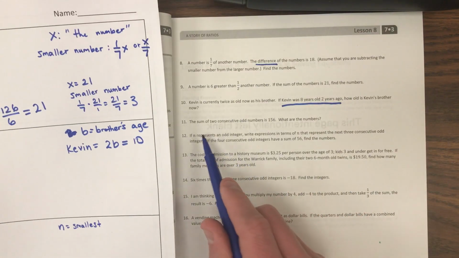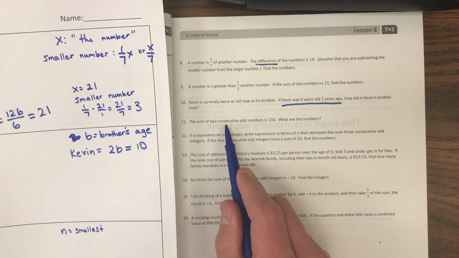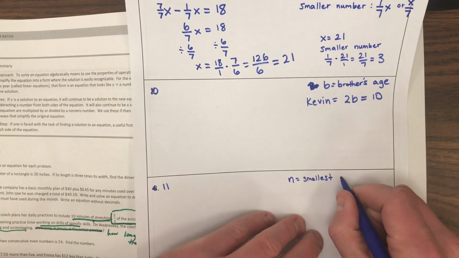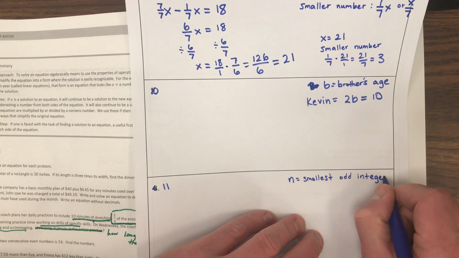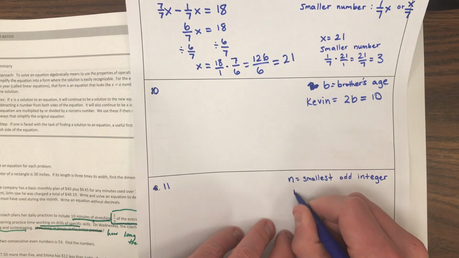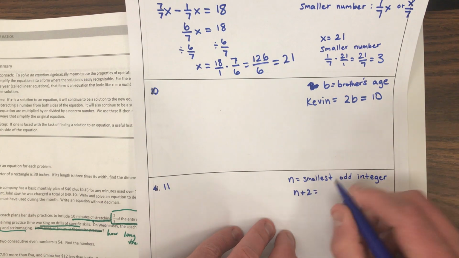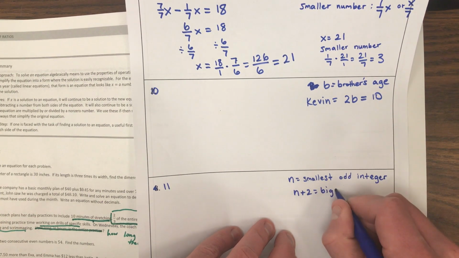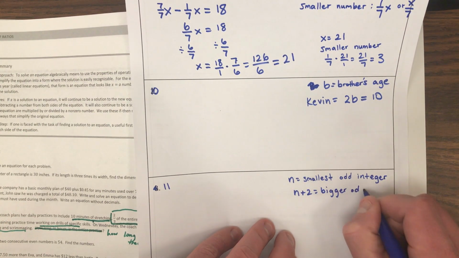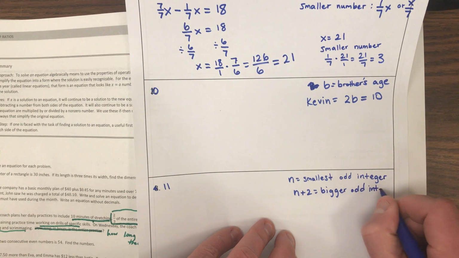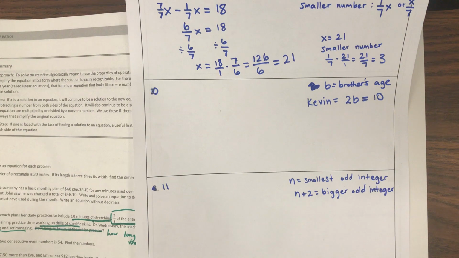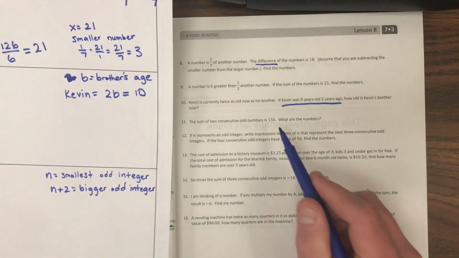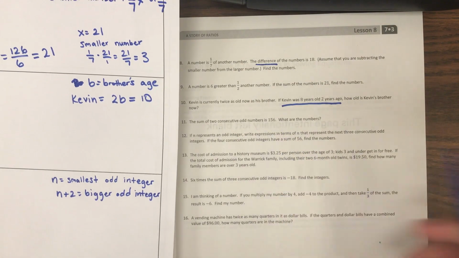There's supposed to be 2 consecutive odd integers, so smallest odd integer. And that means that n plus 2 must be the bigger odd integer. And then it says the sum of these two things has to be 156.